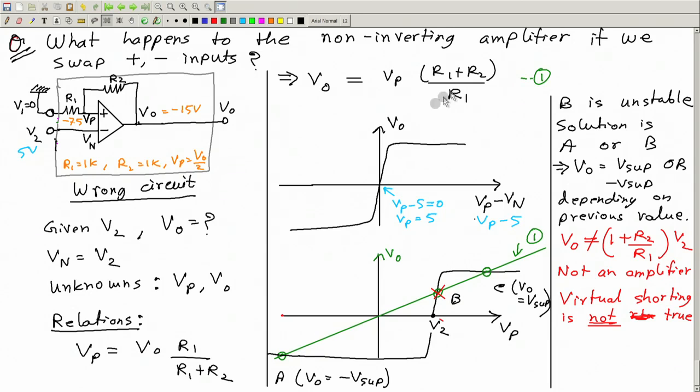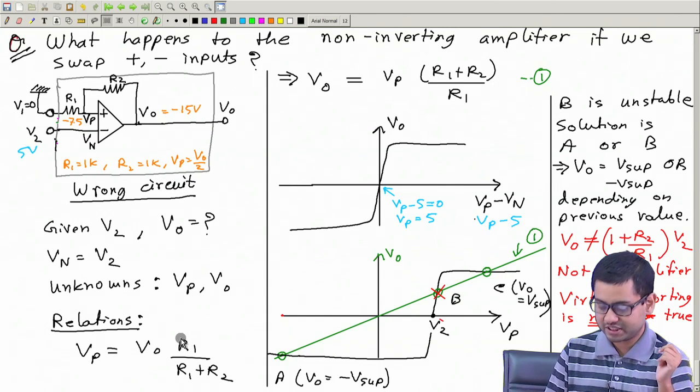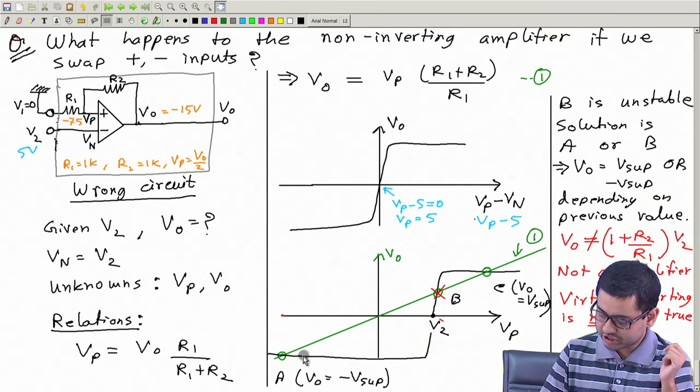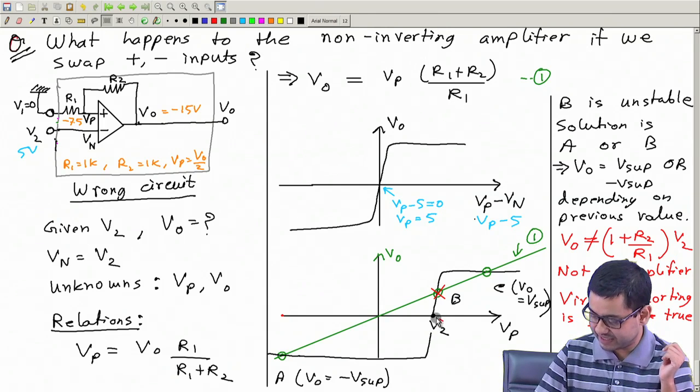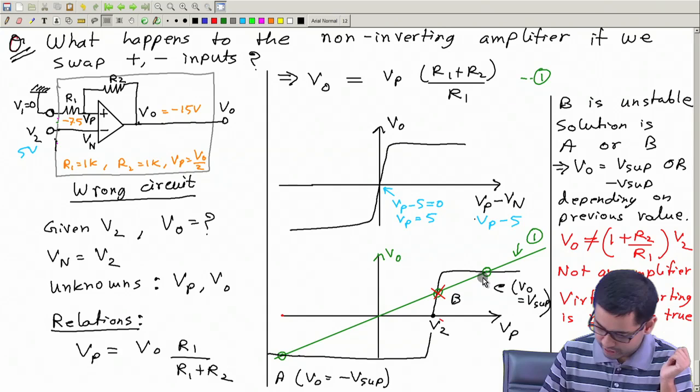No, because this green line obeys this equation and doesn't depend on V2. What will change is the black line, because it depends on V2. This black line is supposed to cross the x-axis at the point V2, so if I change V2, the black line will move left or right.